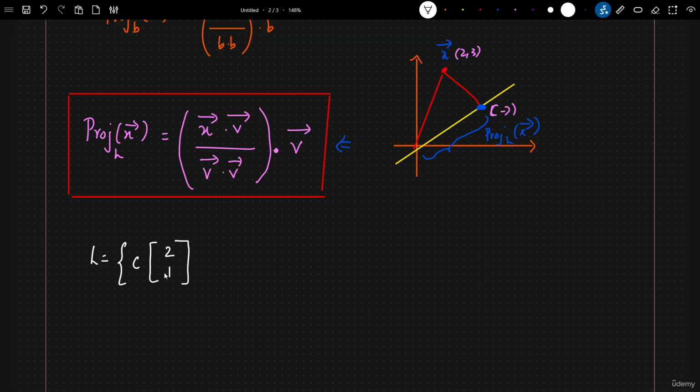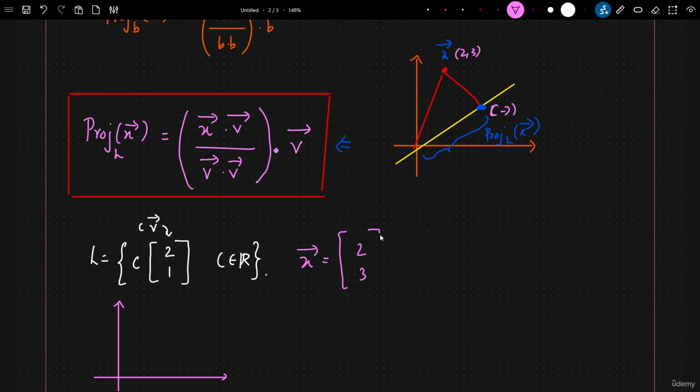So this is what my line looks like, how we specifically write it, c times v. So v is nothing but this, and here c belongs to the real numbers. Now let's consider our vector x bar, which is nothing but 2, 3, because we are going to project this specific vector onto this scalar line.